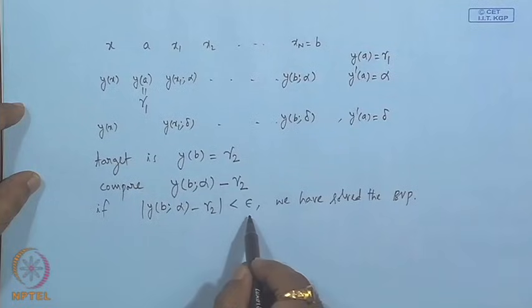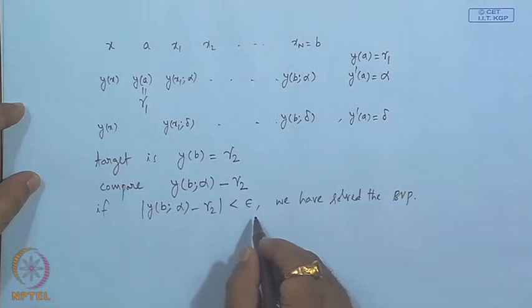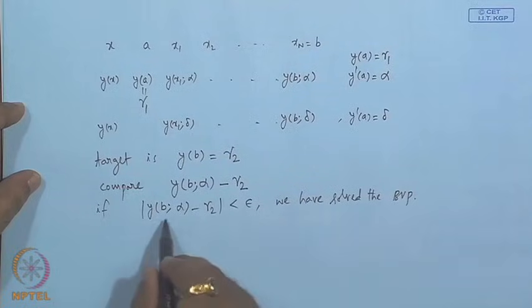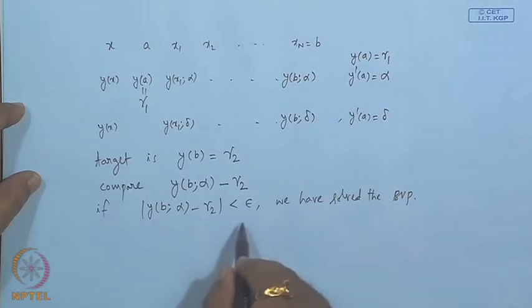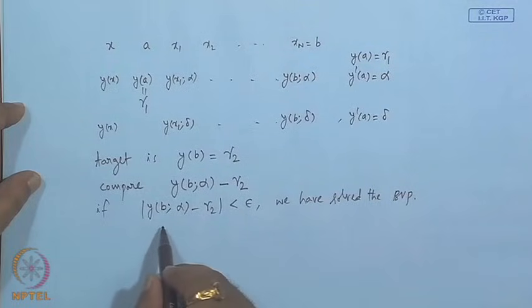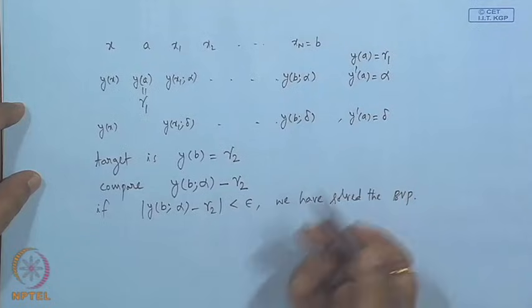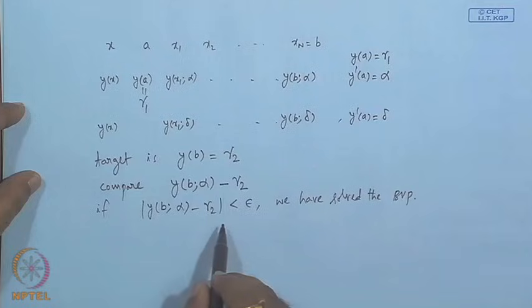The difference must be less than epsilon, where epsilon is some pre-assigned desired accuracy. With some alpha you get, let us say, up to 10 power minus 2, that means up to 2 decimals. Suppose your friend with delta gets more, then definitely your friend's solution is closer to the target.